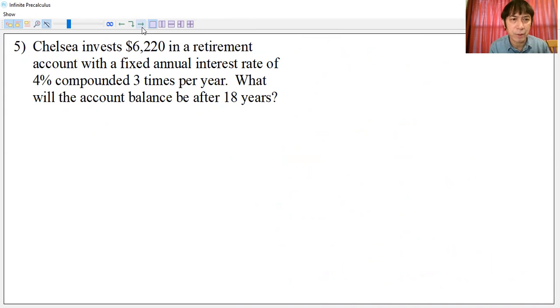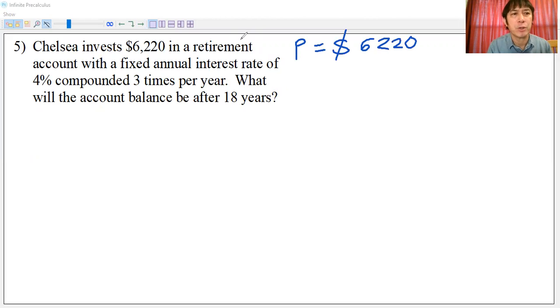This is number 5. Chelsea invests $6,220 in a retirement account with a fixed annual interest rate of 4% compounded 3 times per year. What will the account balance be after 18 years? Okay, let's have the given first. Amount invested is 6,220.